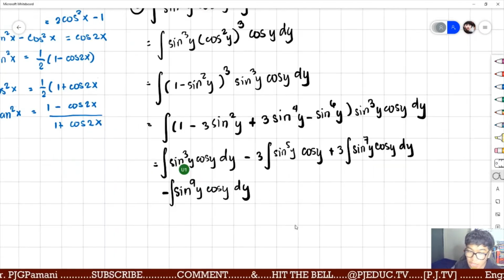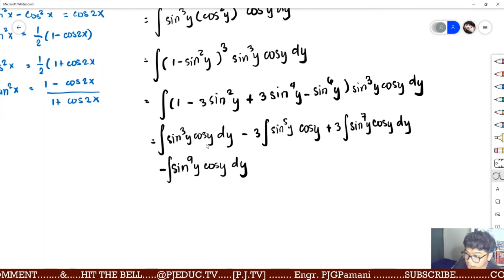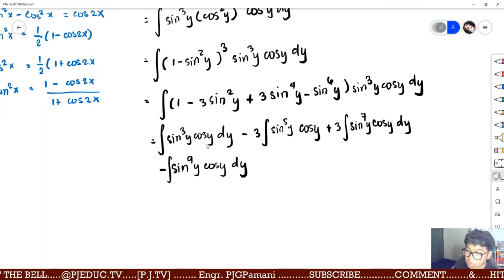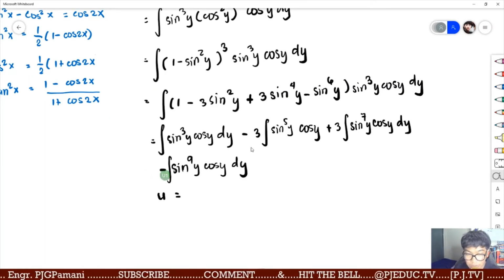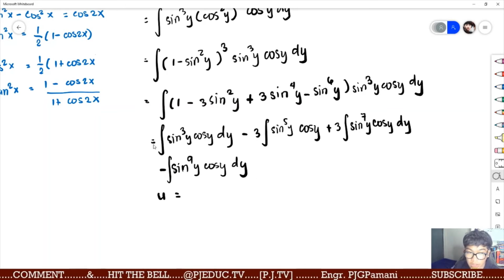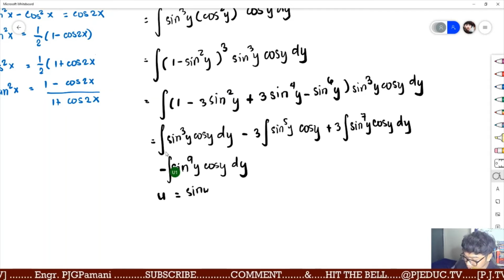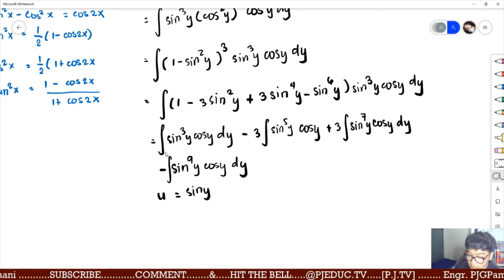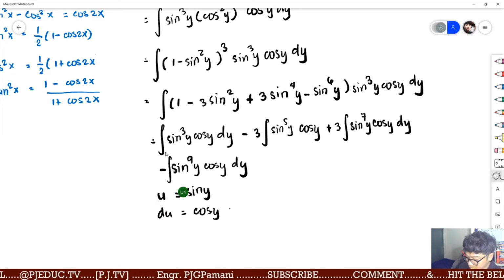From that, ano yung similarity ng bawat term na yan sa isa't isa? Same dun sa question niya kanina. If consider natin yung ating term which has a bigger exponent than the other. So si sine yung merong mas mataas na exponent kaysa kay cosine. So gamitin natin si sine. Knowing the tawag na dito, differential of sine is basically cosine y dy.